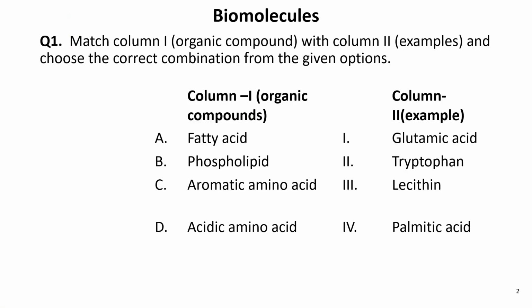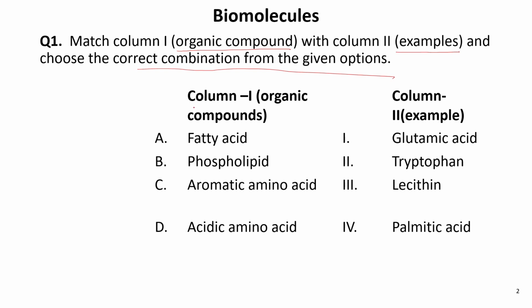So first question. Match the column 1 that contain organic compounds with column 2 that are the examples for the organic compounds, and choose the correct combination from the given options.